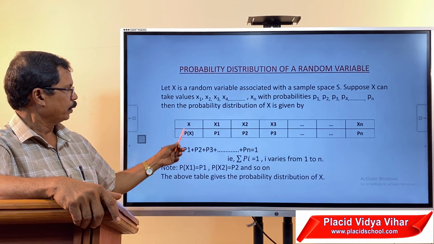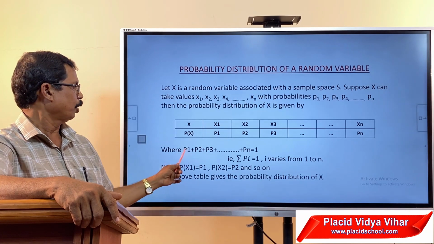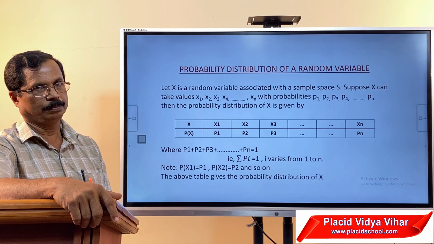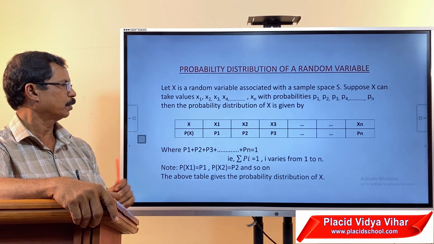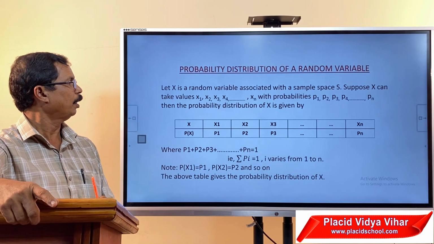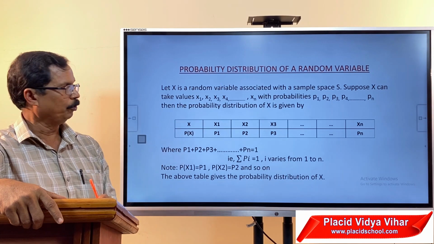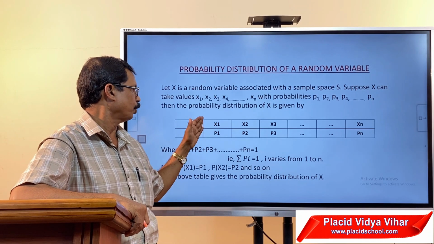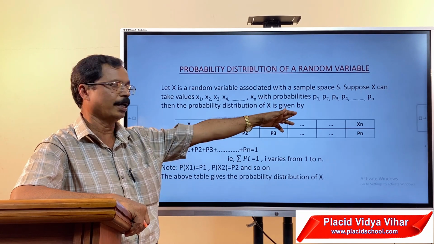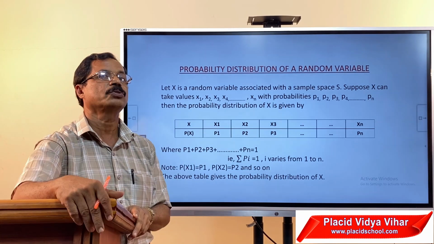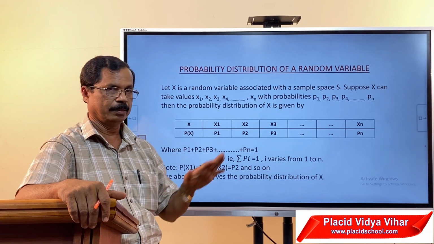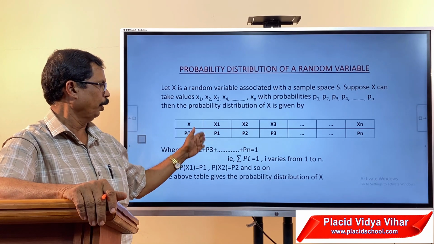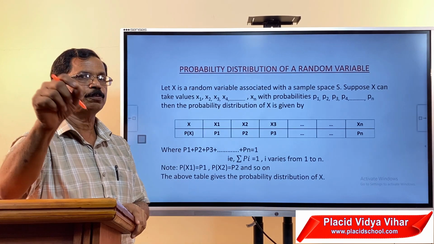Now, in this case, all the probabilities come, that is P1, P2, P3, etc. plus Pn is equal to 1. You have to remember this. When you write down a probability distribution, in the first row you have to write x1, x2, x3, etc., xn. That is all possible values of x you have to write there. And in the second row, corresponding to each column, you have to write its probability.